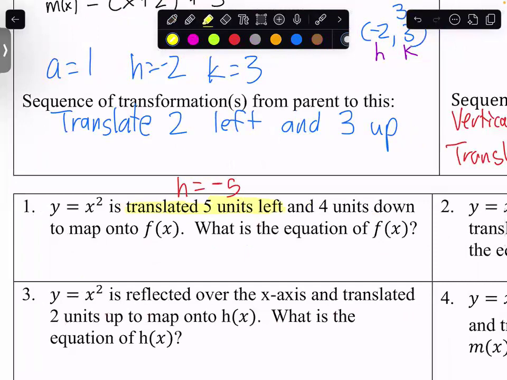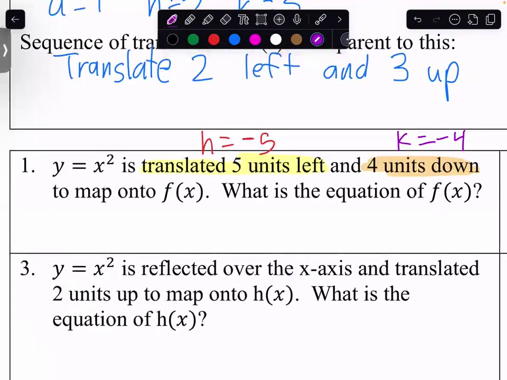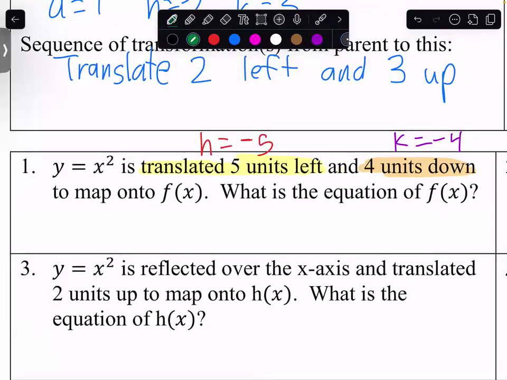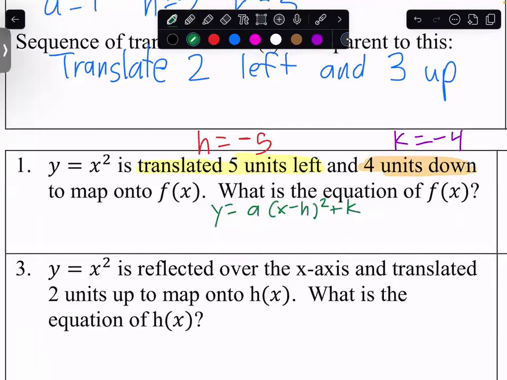Okay, and then the next part, translate 4 down. That means that k would be negative 4. Okay, so now you just fill in the vertex form with those values. Okay, so again, you always start with y equals a parentheses x minus h squared plus k.